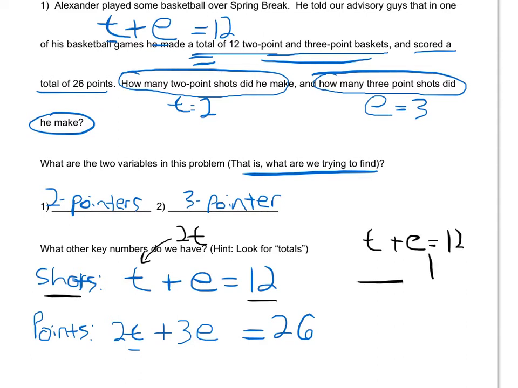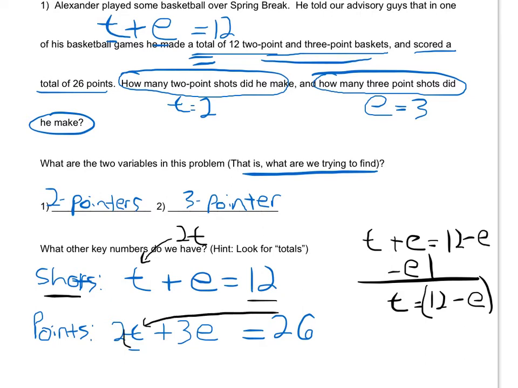You could very easily solve this for t, so you would have something like t is equal to 12 minus e. Then you could substitute that back in for t into this equation. So substitution would work. You could also use elimination, and you would have to multiply this top equation in order to get the variables to cancel. So either one.